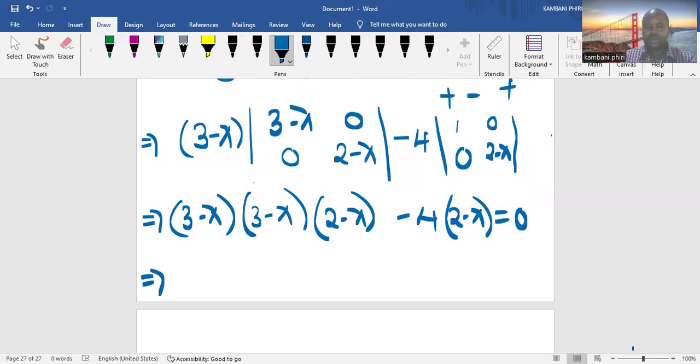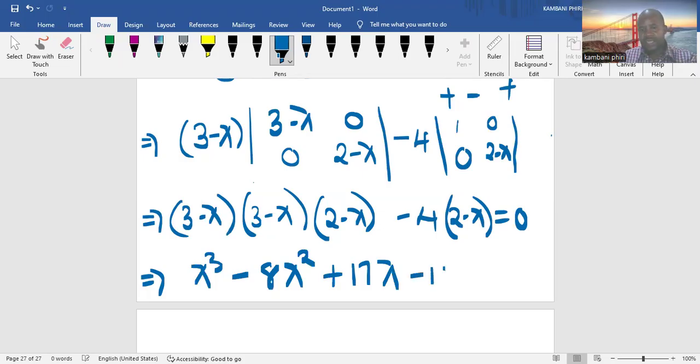You get lambda to the power 3, actually this would be minus 8 lambda to the power 2 plus 17 lambda minus 10.